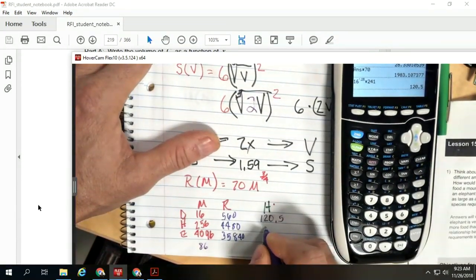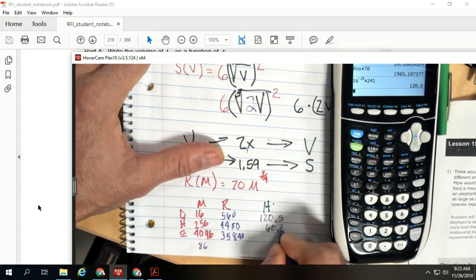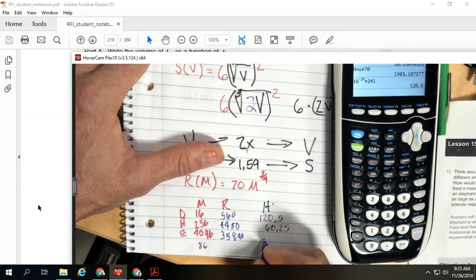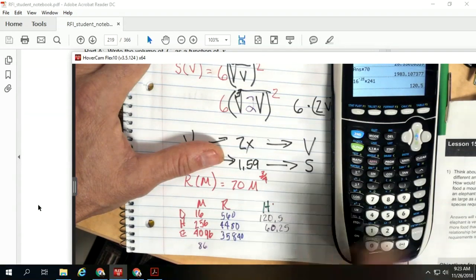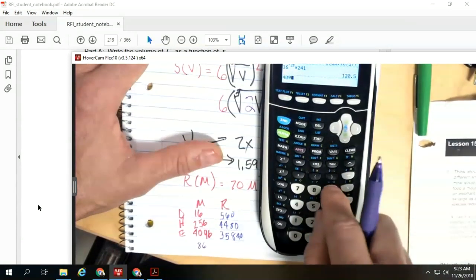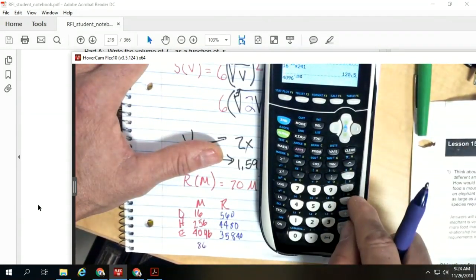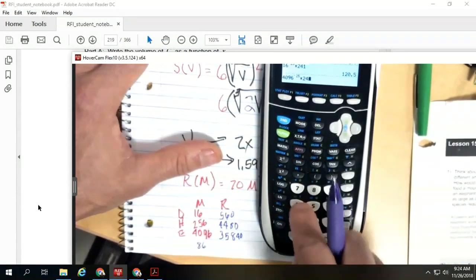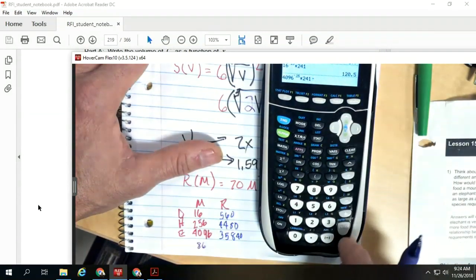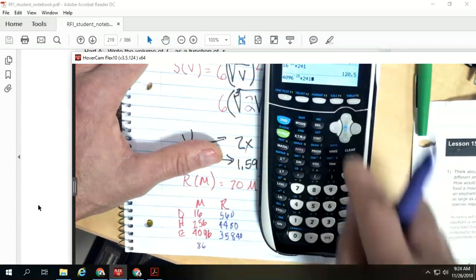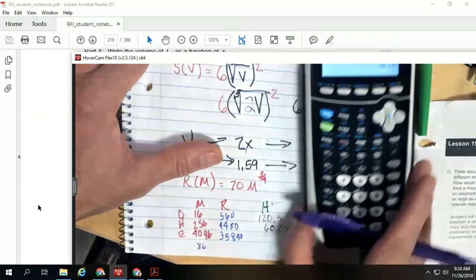So what did you get for horse? 60.25. And elephant? Did you get 30.125?